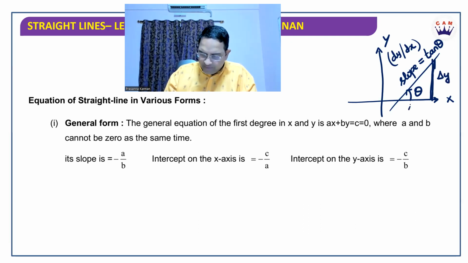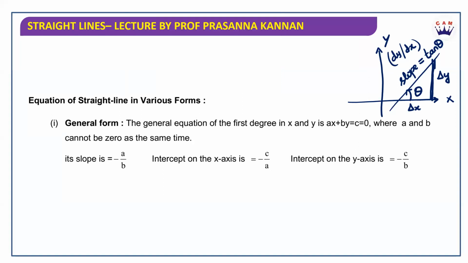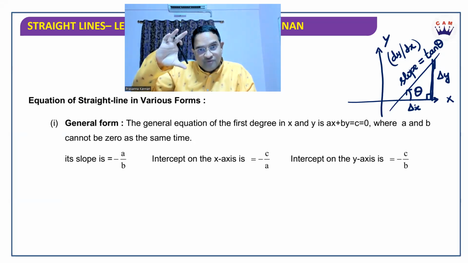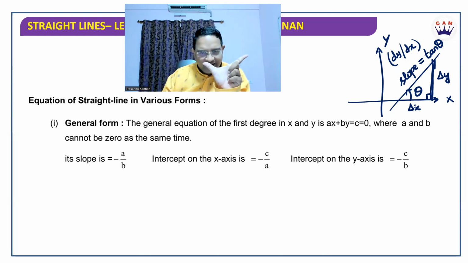If I consider a right angle triangle, tan theta is opposite by adjacent, so that's delta y by delta x. Greater the value of delta y, more is the slope. Greater the value of delta x, lesser the slope.